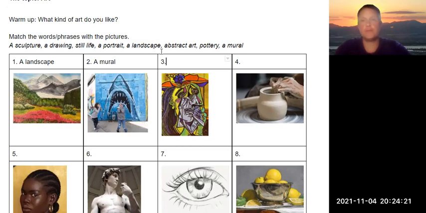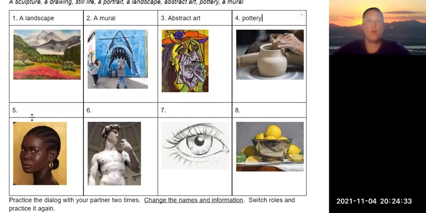What's number three? It's abstract art. And what's number four? Pottery. And what's number five? It's a portrait. And what's number six?